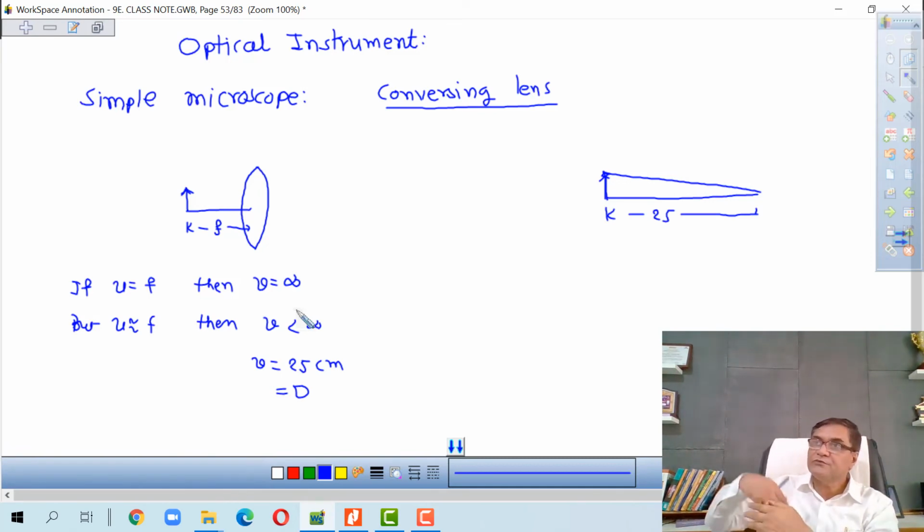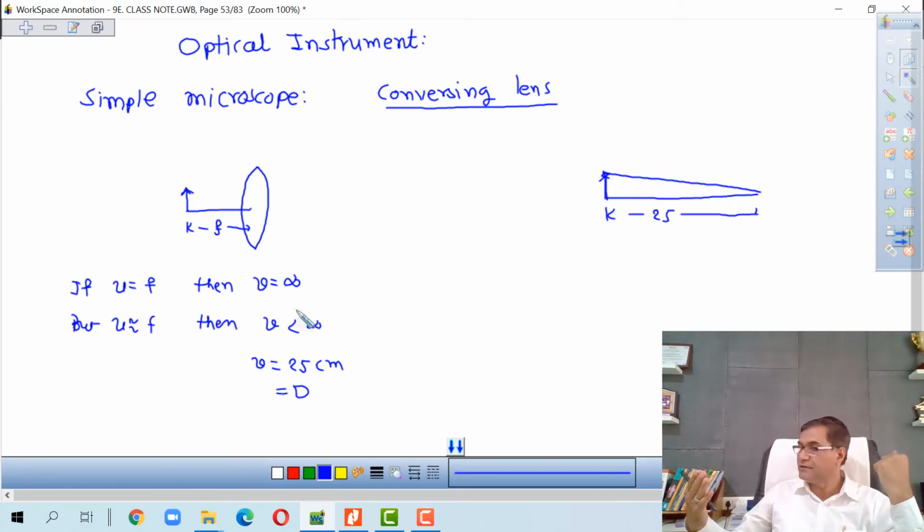And if object is very far, તો આપણને આંખ ખેંચાતી નથી, જોવું ગમે પણ છે, but you cannot see the image very clearly. એટલા માટે આપણે નજીકથી જોતા હોઈએ છીએ. વાંચવું હોય તો 25 સેન્ટીમીટર રાખીએ છીએ, નજીક રાખીએ તો આંખ ખેંચાય છે. તો વચ્ચે હું લેન્સ રાખીને શું કરું છું? I am keeping object near, but image is formed at 25 centimeter. So we can see that object very clearly and with comfortable eye.